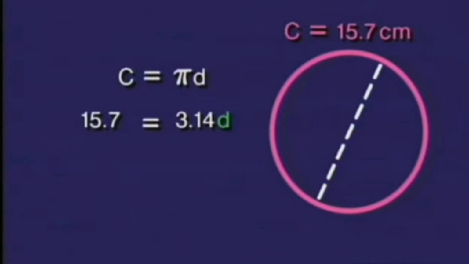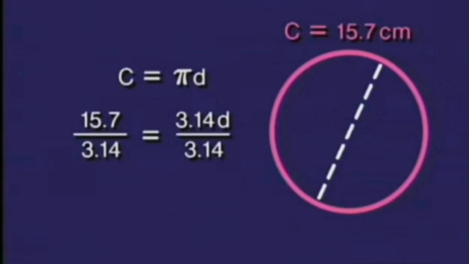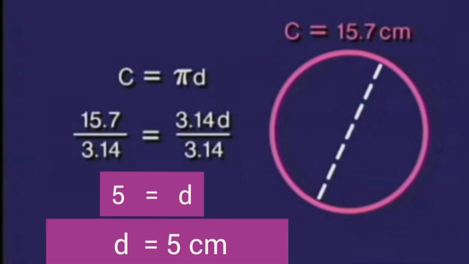To get the diameter, divide both sides by 3.14 to solve the equation. 15.7 divided by 3.14 is 5. And the right side of the equation gives you d. Here we have got the diameter of this circle as 5 centimeter.